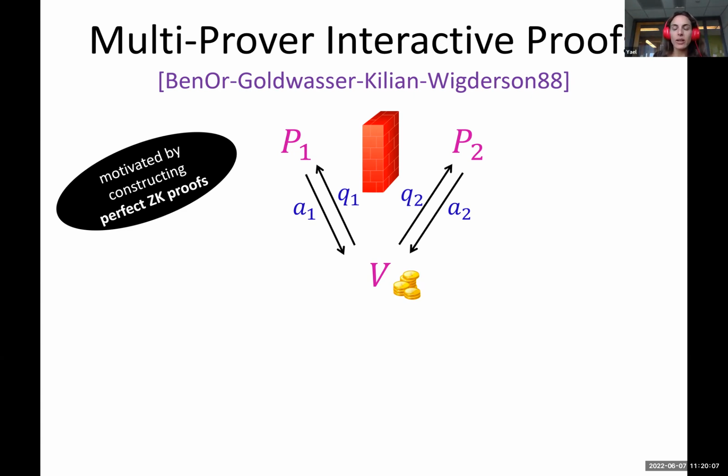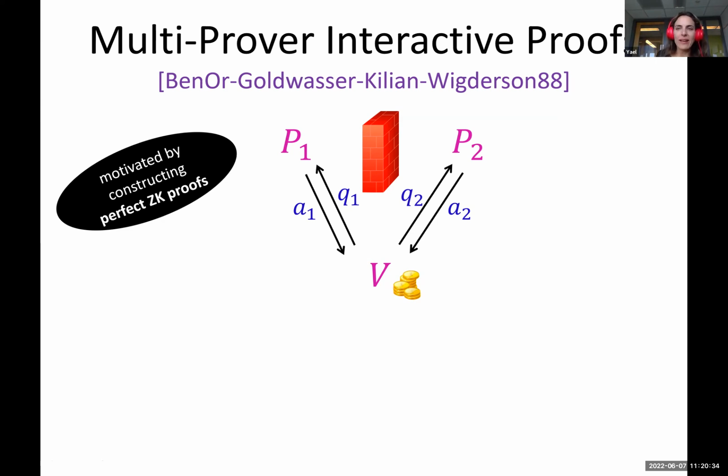Each one gets a query or question. They give answers, and based on that, the verifier decides whether to accept or reject. It's similar in the sense that the verifier tosses coins, and we're okay with some probability of error. For now, think of perfect completeness and tiny soundness error. So with probability smaller than the number of molecules in the universe, he'll accept false statements.